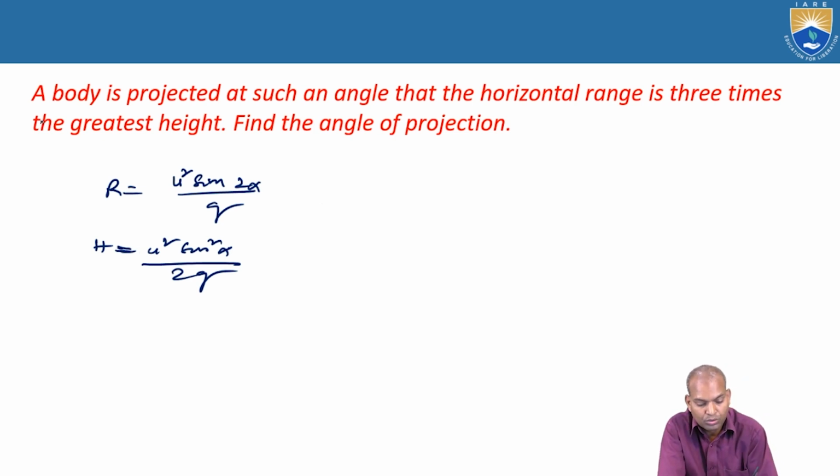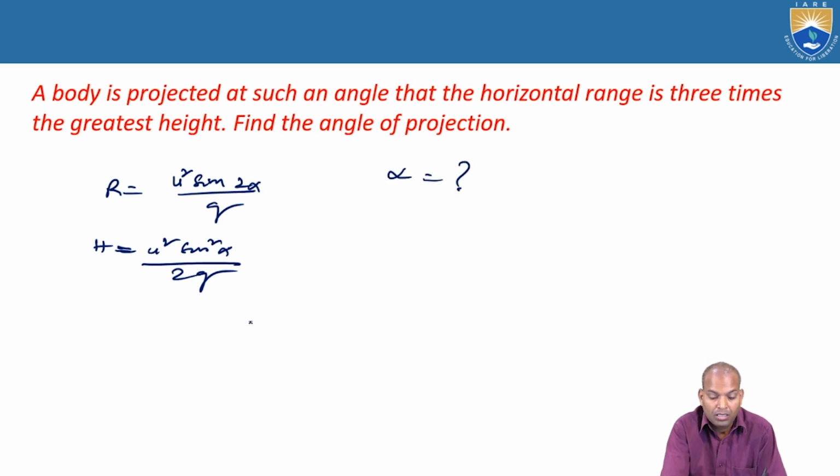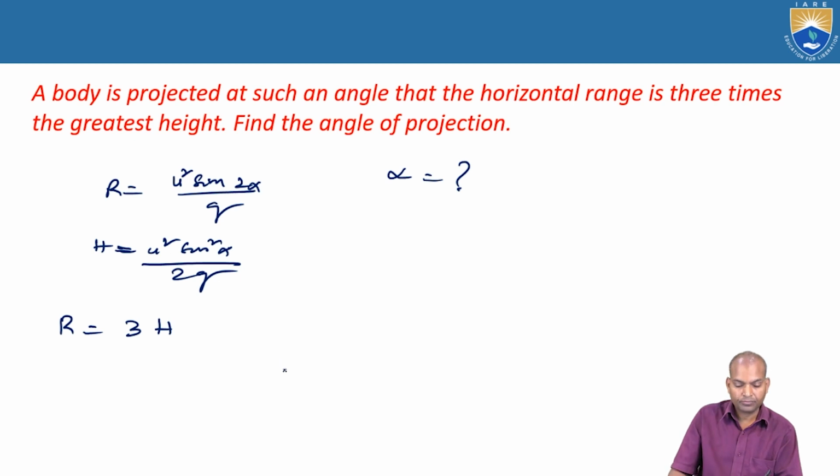We have to find the angle of projection alpha. The horizontal range R equal to 3 times the greatest height, 3h.